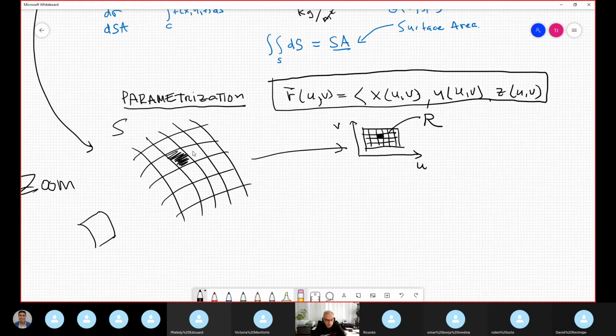So now, in order to find the relationship, I assume, for example, at this corner, let me use another color, I compute this vector. This vector is Ru. So you differentiate the vector valued function with respect to u, and you obtain a tangent vector, which is parallel to this.